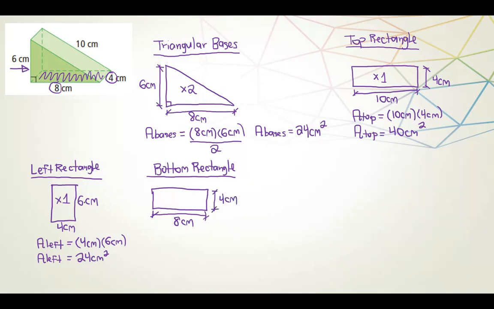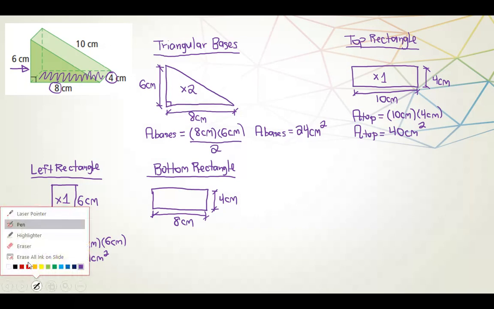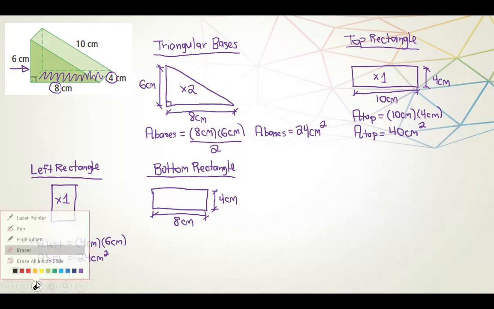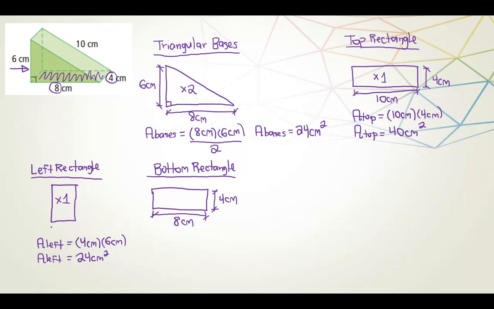Oh, I just realized I didn't show the dimensions properly on this one, so let's fix that. We should be showing those lines with those edges. So, 4 centimeters, and then the 6 centimeters here. Yeah, that's the best way to label the dimensions.